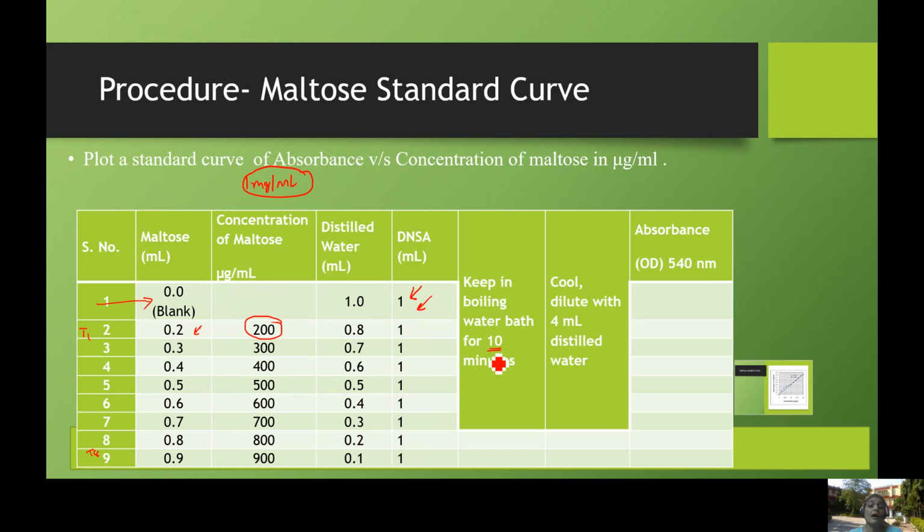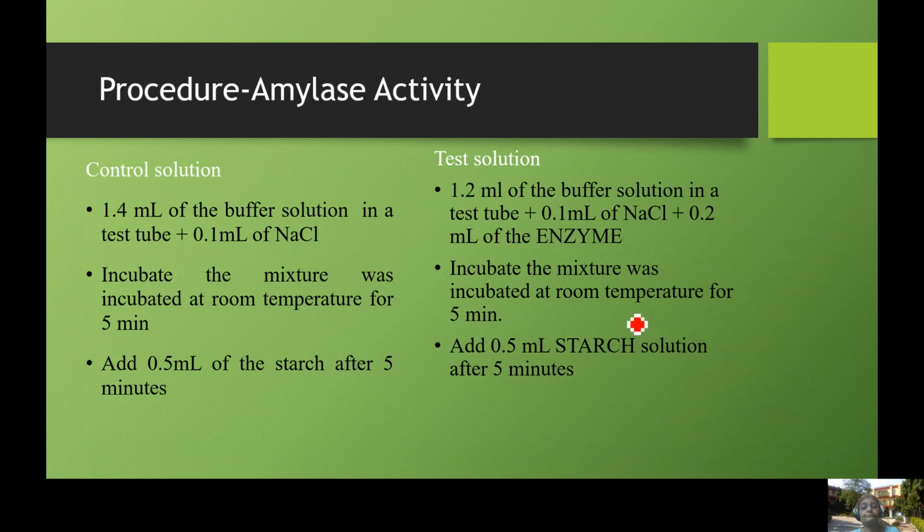Okay. After that, you boil them for 10 minutes on a boiling water bath. Cool, dilute with 4 ml of distilled water and measure the absorbance. That is, as I said, your maltose standard curve.